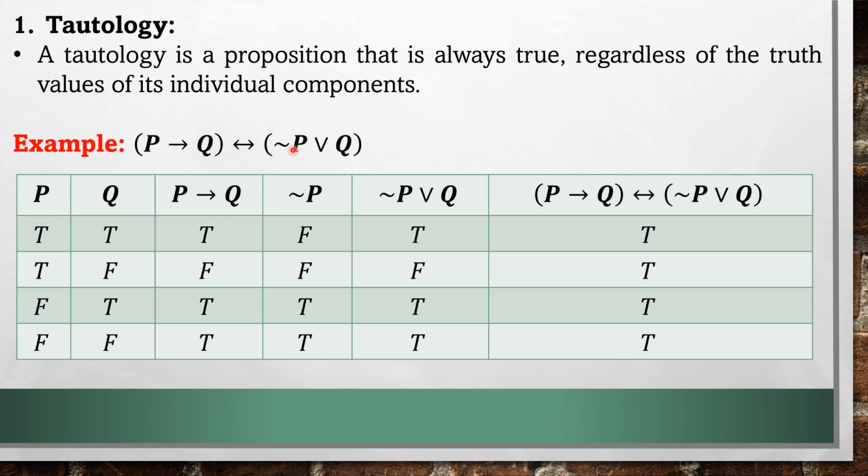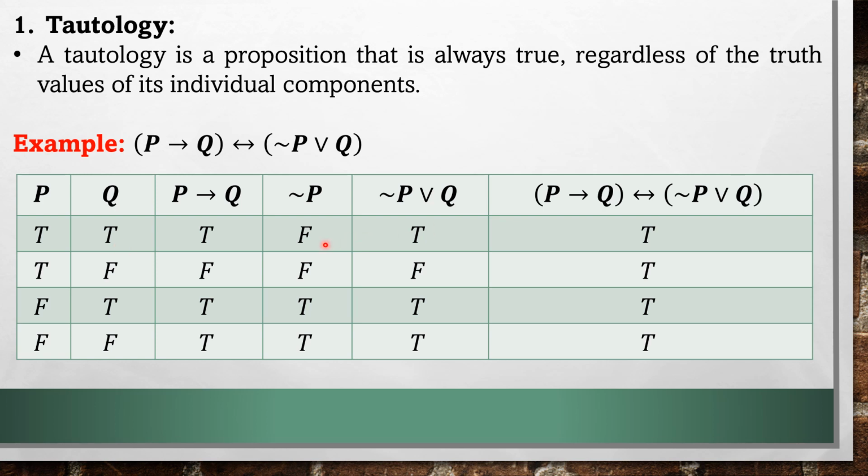Okay? Next, kunin po muna natin yung negation ng ating P. So, negation of P. So, if the statement is true, the negation is false. And if the statement is false, the negation is true. Okay? Now, next, we have not P or Q. So, ang titingnan po natin is not P or Q. Okay?